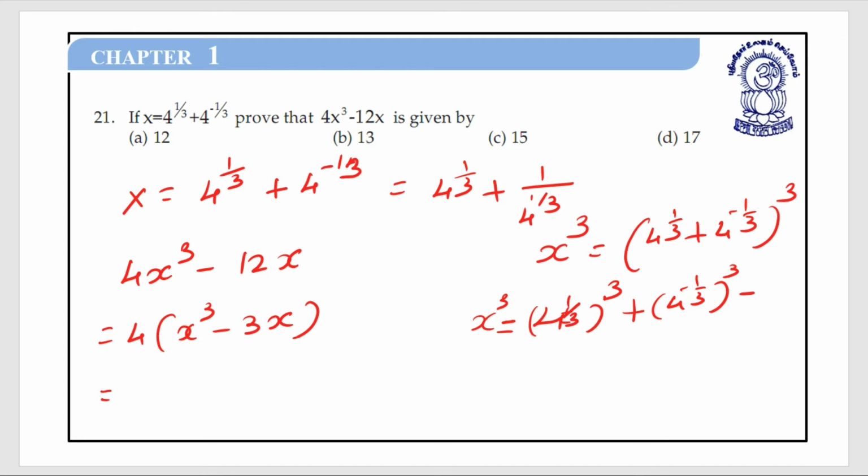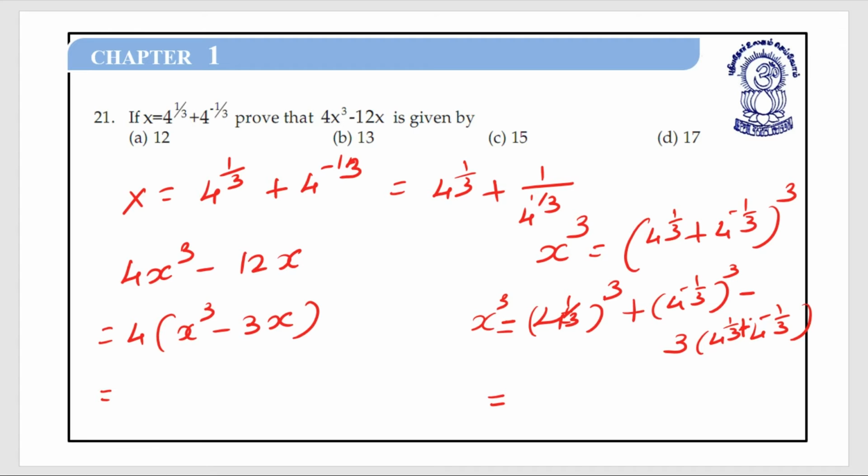plus 3ab, 4 raised to 1 by 3 into 4 raised to minus 1 by 3, not minus, plus 3 into a plus b. So a cube plus b cube plus 3 into a plus b.